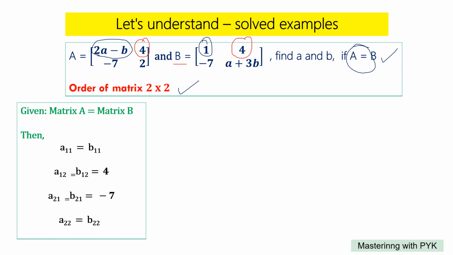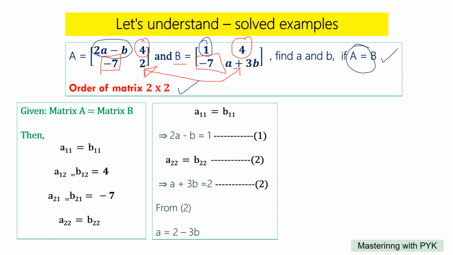So we know that 4 and 4 are the same. Similarly, here A21 is equal to B21. And therefore, these also have to be equal, given that both the matrices are equal. So A12 is equal to B12, which is 4. On solving, we get 2a minus b is 1 and a plus 2b is equal to 2.